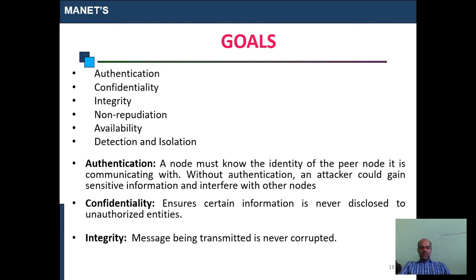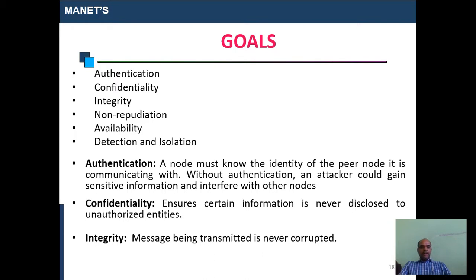As we know, when we are sending the data from one node to another node, let us assume A and B are two nodes. When node A is sending the data to node B, node A has to know whether node B is an authenticated node or not. Confidentiality ensures certain information is never disclosed to unauthorized entities, that the data should be transmitted through authorized nodes only.